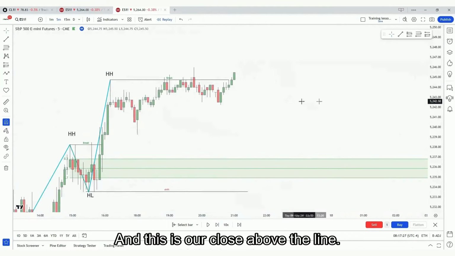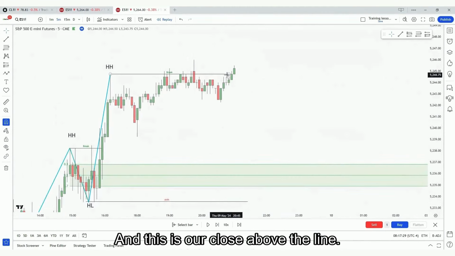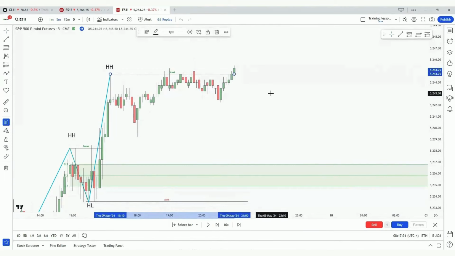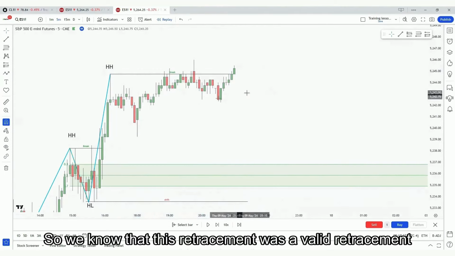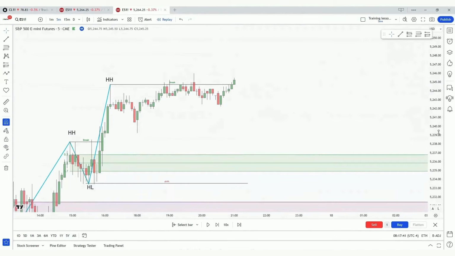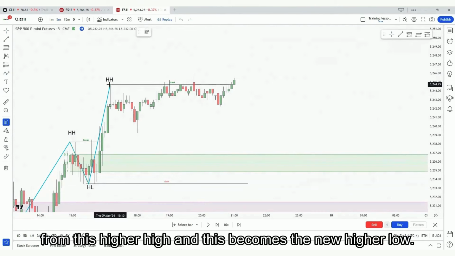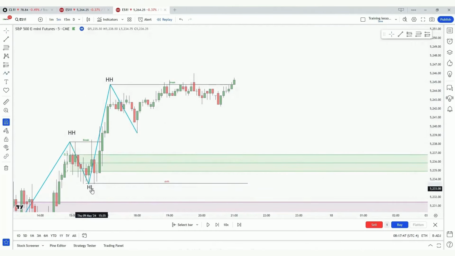And this is our close above the line. So we know that this retracement was a valid retracement from this higher high, and this becomes the new higher low.